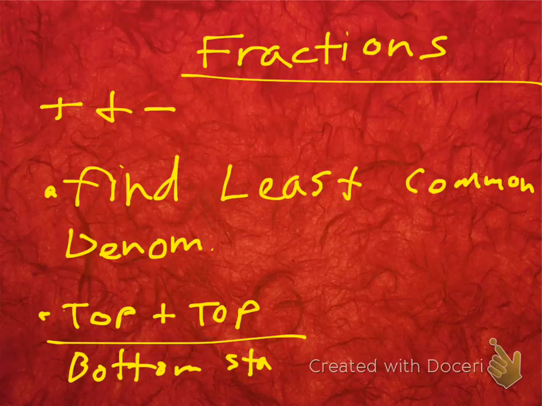Bottom stays the same. I say top plus top because if it's subtraction, we're going to change it to addition, just like we've been doing. Same stuff still applies to fractions. So, top plus top, bottom stays the same.